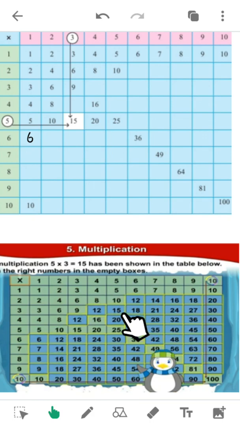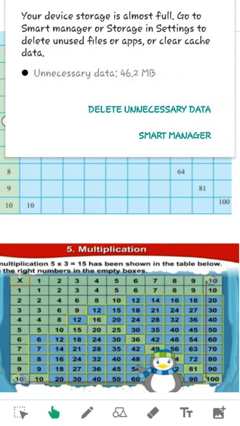Same like this, I have completed the 1 to 10 tables.